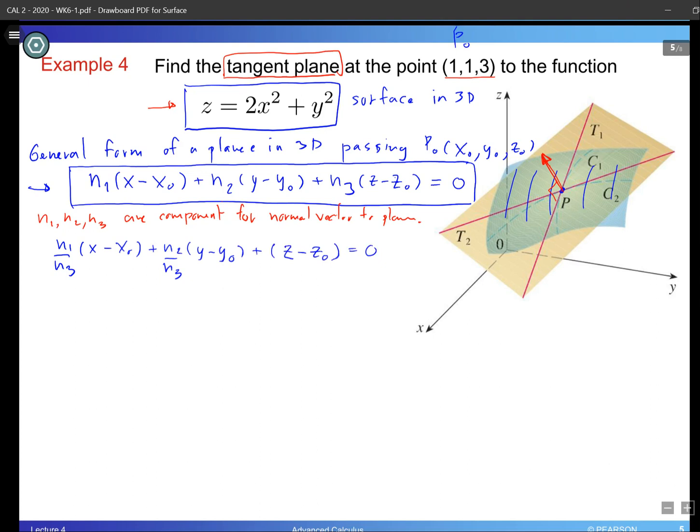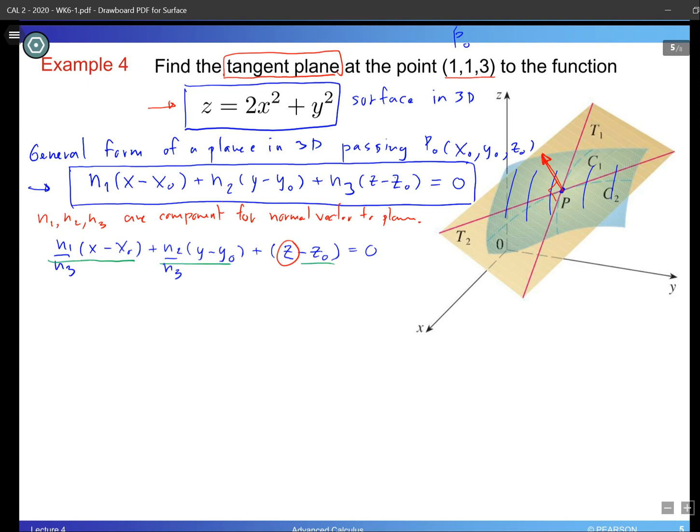And then I am going to keep this z alone on one side, on the left hand side of this equation, and the rest is going to get moved to the right hand side. So this term is going to get moved to the other side, this one as well, and this one as well.